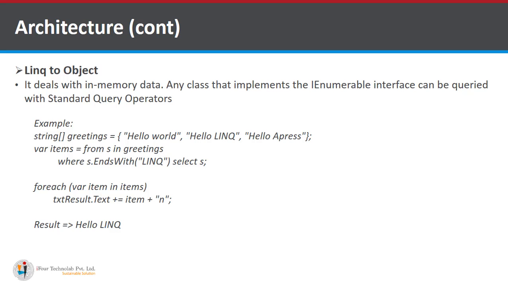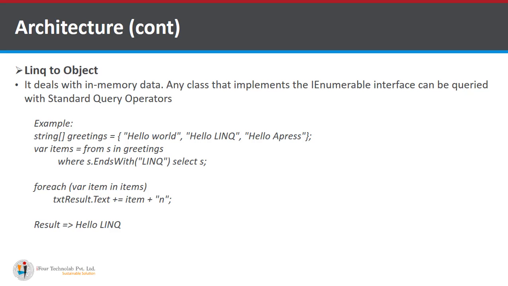For example, here you can see I want to select the greetings which end with Linq. With the below syntax, I got the result. Here I declared a variable items. In that items, I am collecting data which ends with Linq. So in Linq, we can write from s in greetings. s is nothing but an alias of greetings, where s.EndsWith Linq.